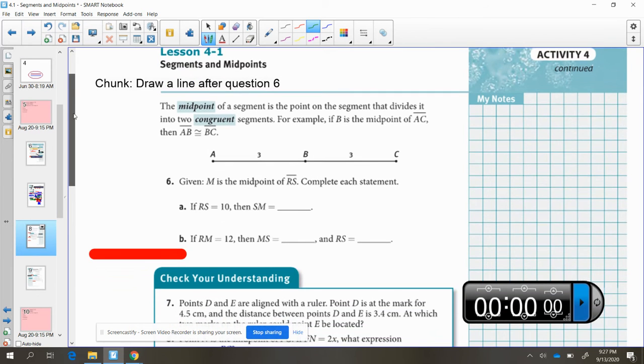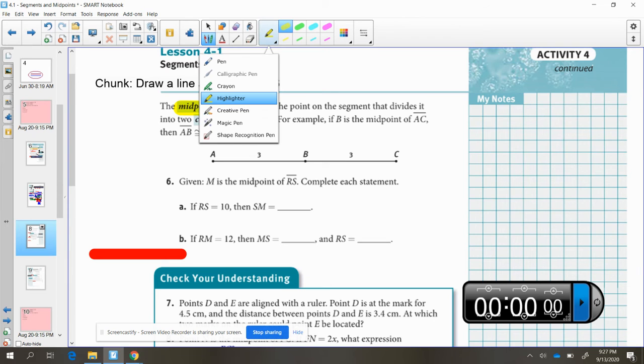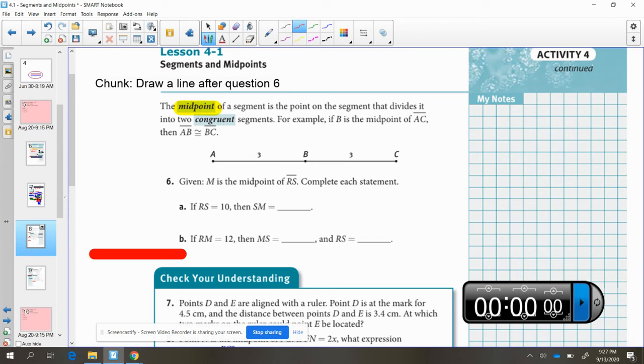Now, another really important vocabulary word that we are going to see throughout this class is the idea of a midpoint. And a midpoint is a point that cuts a segment into two congruent segments. And you're probably like, what the heck is congruent?